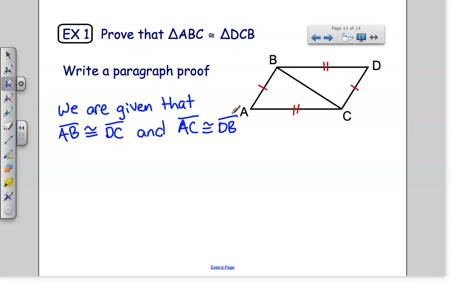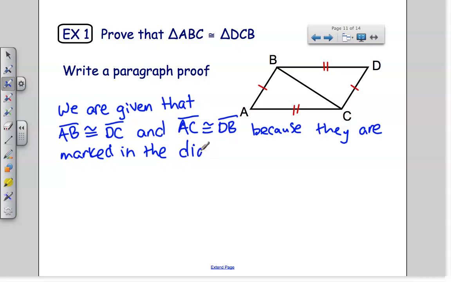Those were the 2 tick marks ones. I'll just say because they are marked in the diagram. Apparently I want the word because. Sorry. Because they are marked in the diagram. That's what I was given. Those 2 sides are congruent.